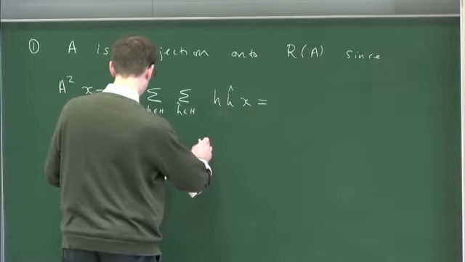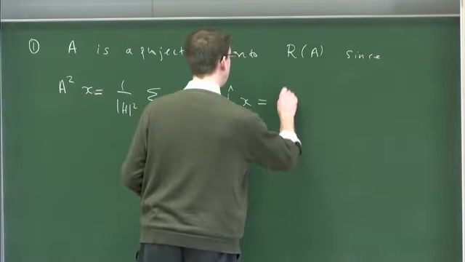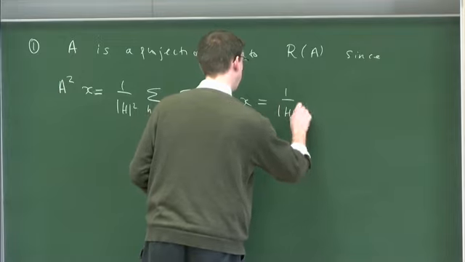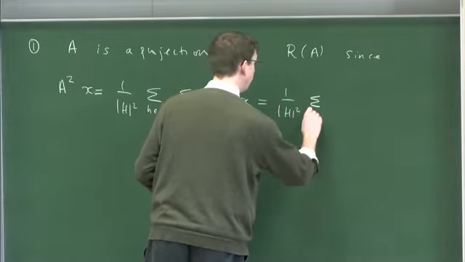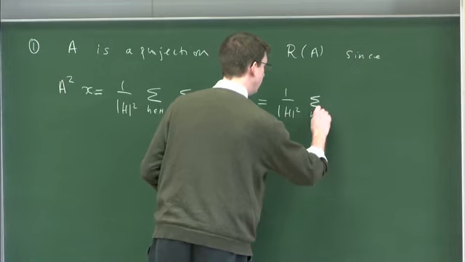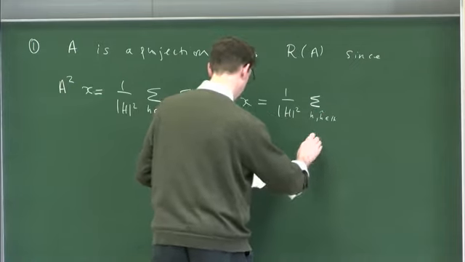So this is 1 over the order of H squared times the sum over h and h hat.